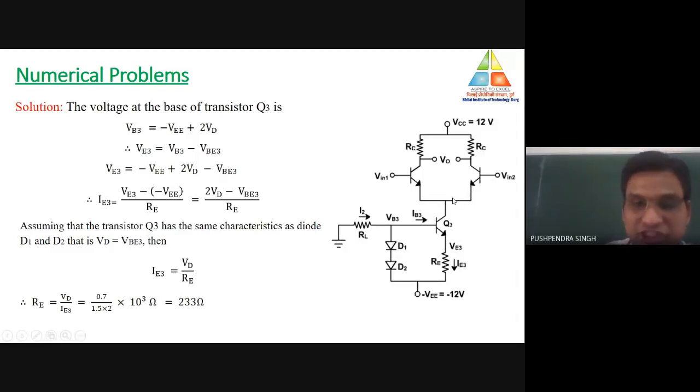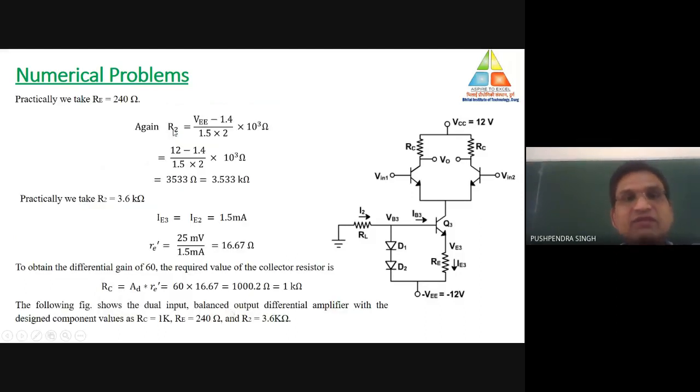In the question, IE1 is equal to 1.5 milliampere and IE2 is also equal to 1.5 milliampere. That means IC3 is 3 milliampere, and similarly IE3 will also be 3 milliampere. That's why I have written VD divided by IE3, 0.7 divided by 1.5 into 2, which is equal to 233 ohm. So we have calculated the value of RE.